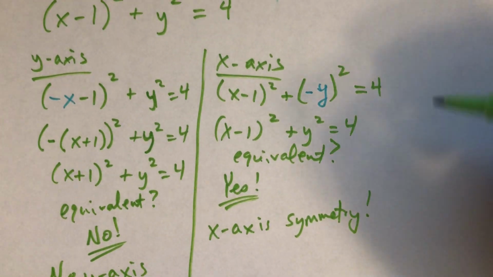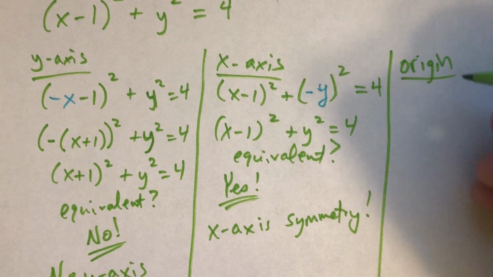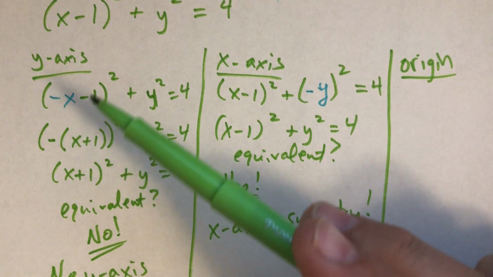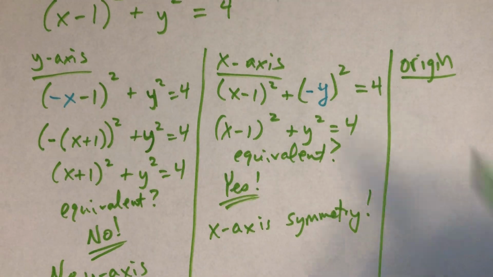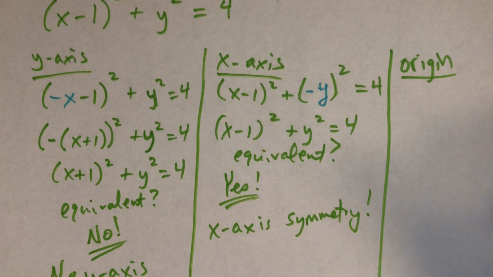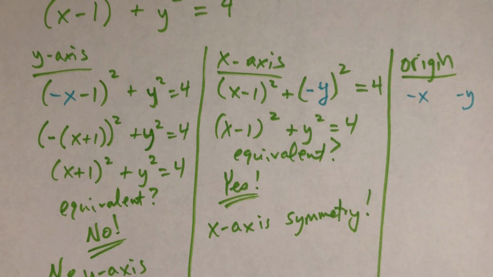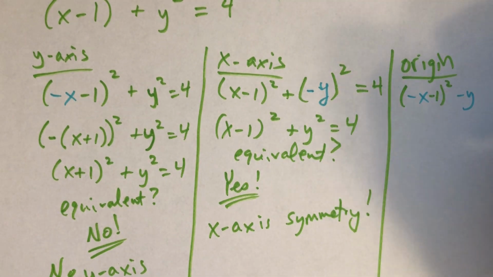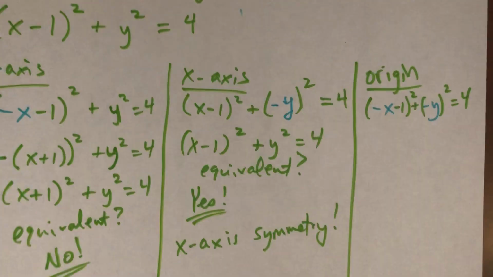Okay, and we can check for origin real quick too. We can probably see what's going to happen just based on what we observed with the y-axis portion of this. If we put in a negative x and a negative y, we're going to see what happens. A little bit off the page here.